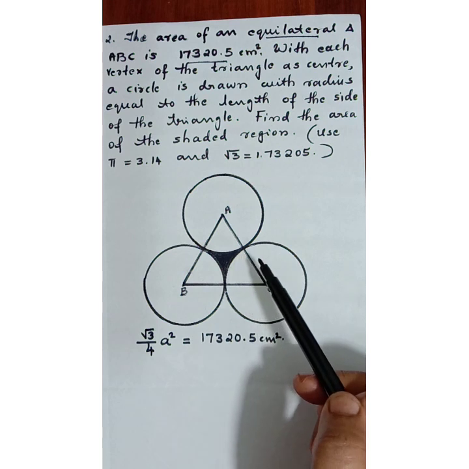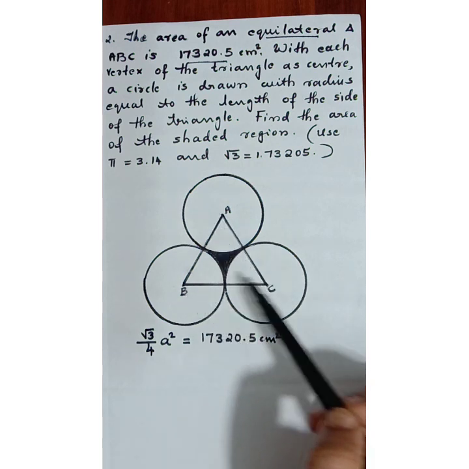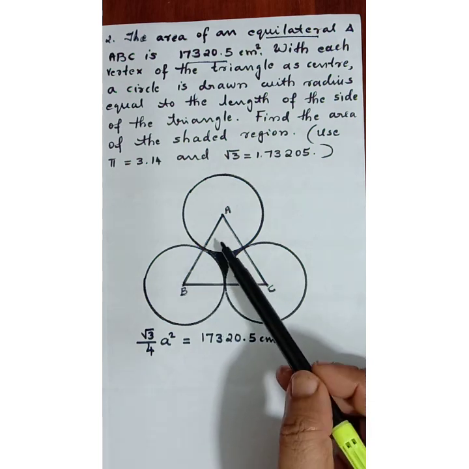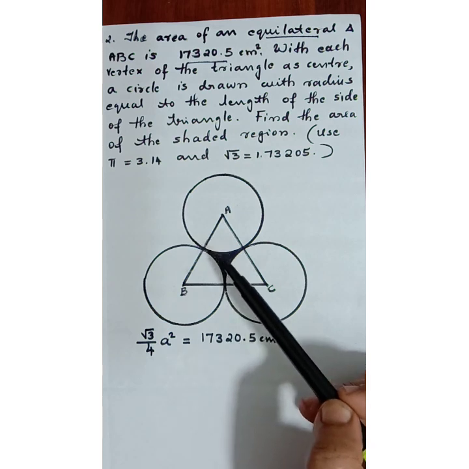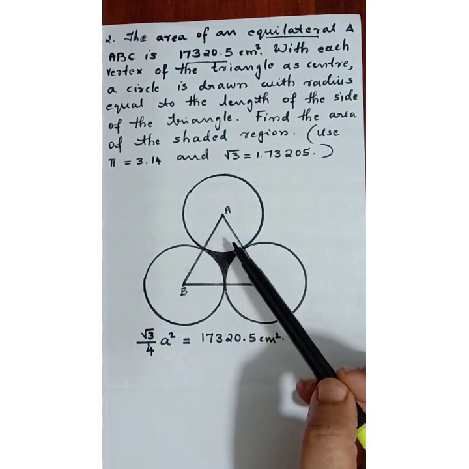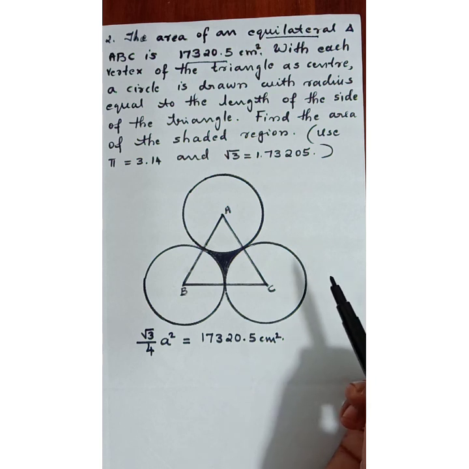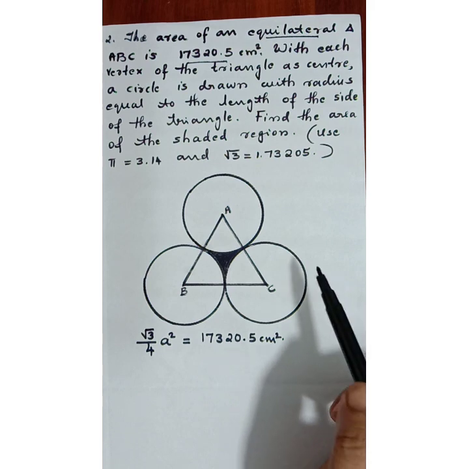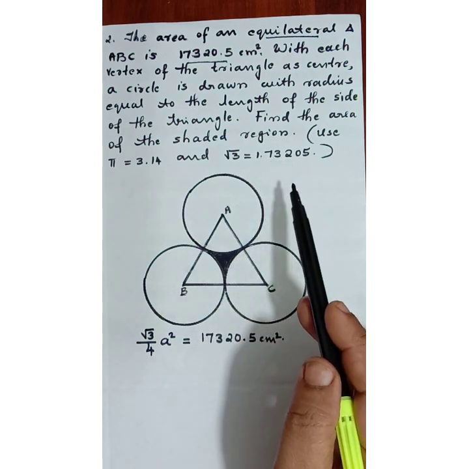Here A is a vertex, B, C, they are the centers. Find the area of the shaded region. Use pi is equal to 3.14 and root 3 equal to 1.73205. Five decimals are given to us.